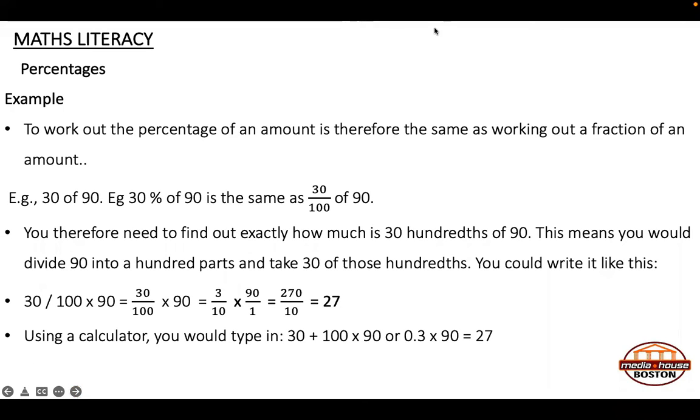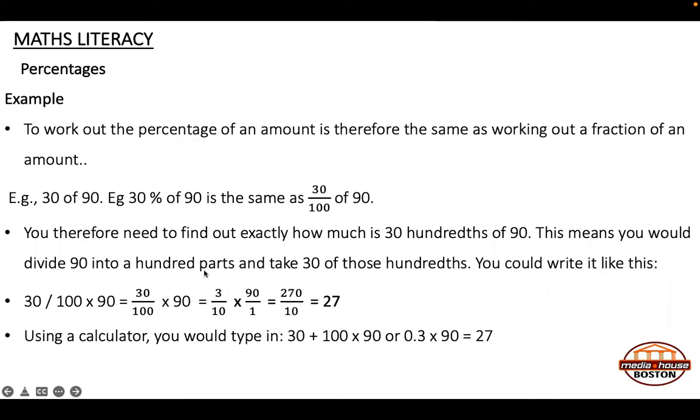So they make it a little bit more complicated here than it is, but I will explain it. So to work out a percentage of an amount, it's therefore the same as working out a fraction of an amount. Okay, so example, 30% of 90 is the same as 30 over 100 of 90.